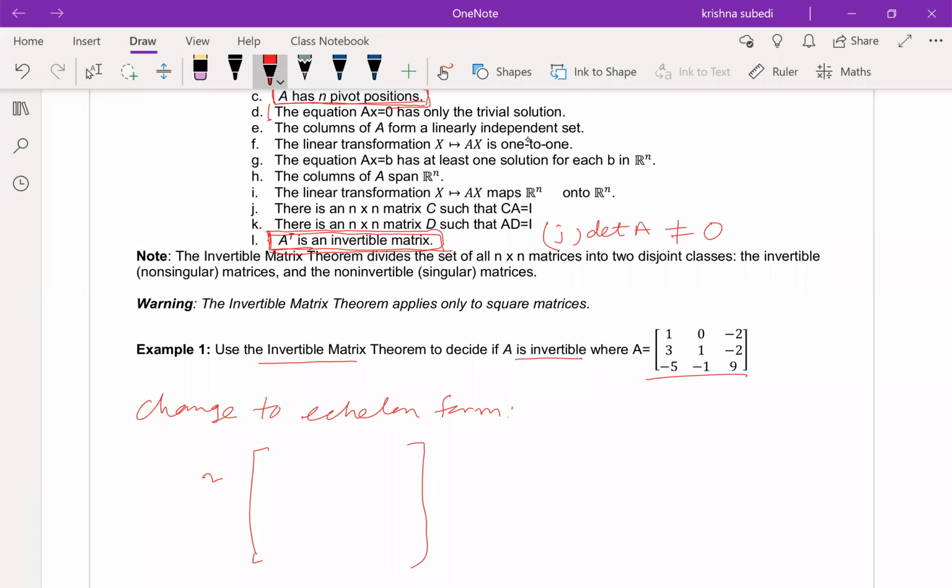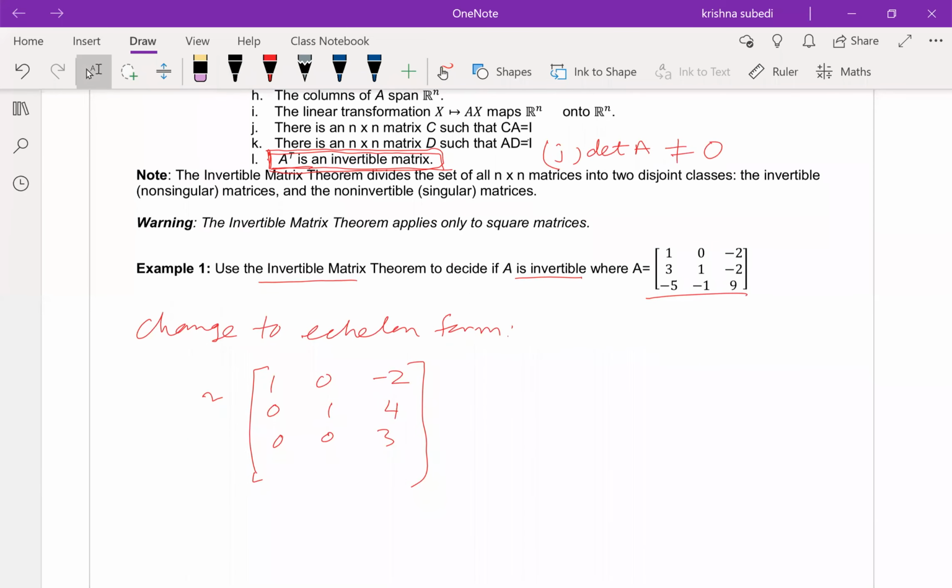And now I already have the echelon form, but you know how to change it into echelon form. 1, 0, -2, 0, 1, 4, and 0, 0, 3. That's what I got. Now tell me what the pivots are here.